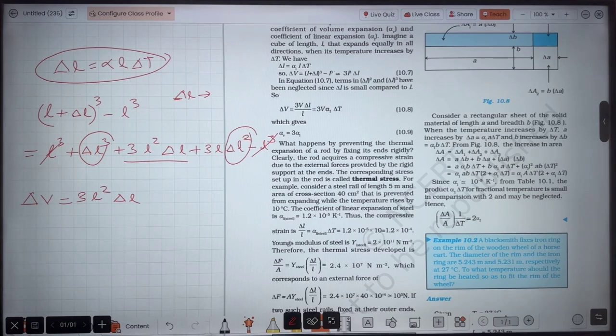Now, suppose we want to convert this L square into volume, meaning L cube.